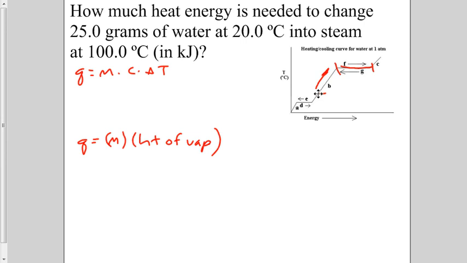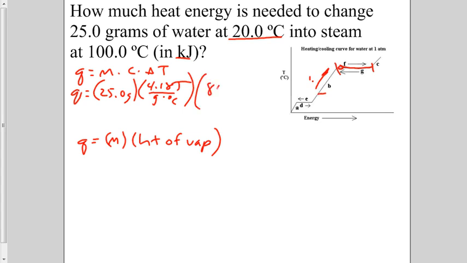So for the first part, the mass is 25.0 grams. We want to do this in kilojoules, so we're going to use 4.18 joules per gram times degrees Celsius. And then we have to go from 20 degrees up to 100 degrees where it's going to boil.